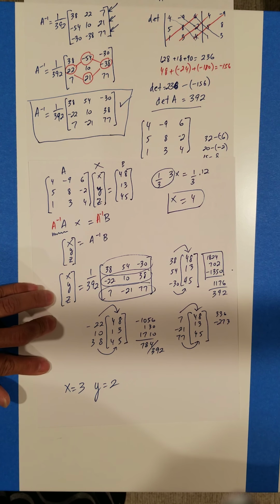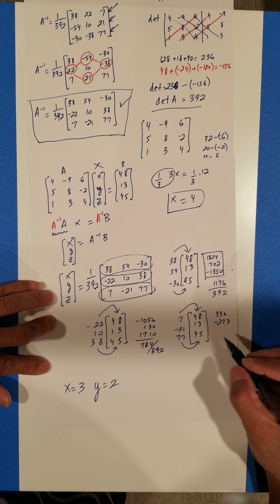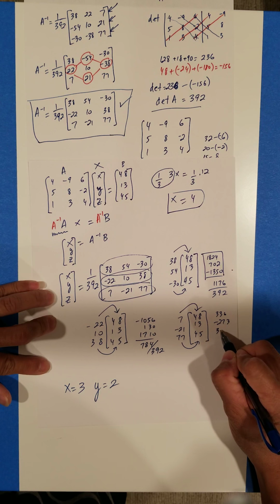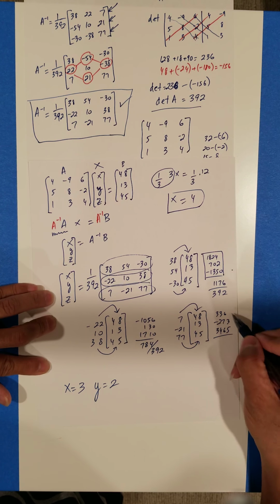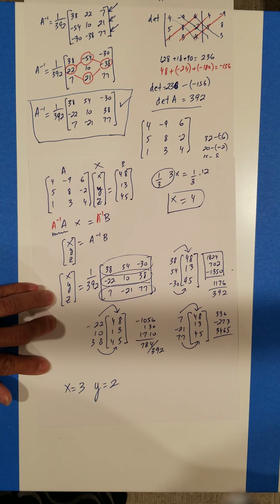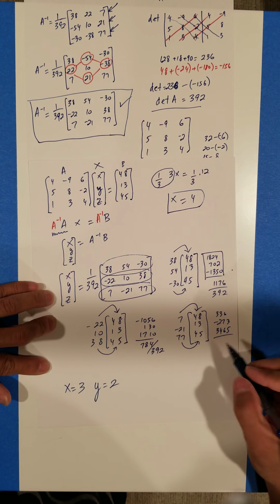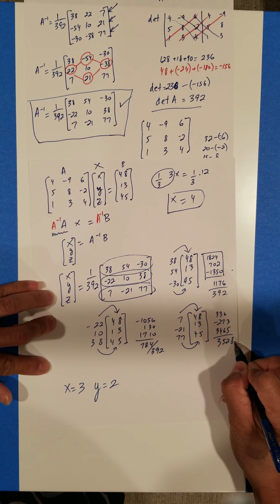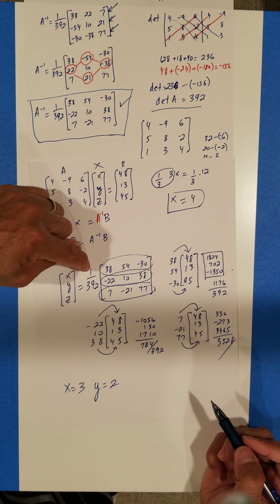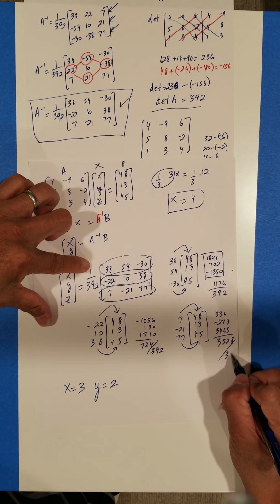And then the big number, 77 times 45, I get 3,465. The grand total of adding all these is going to be 3,528. Remember to divide by the determinant, 392.